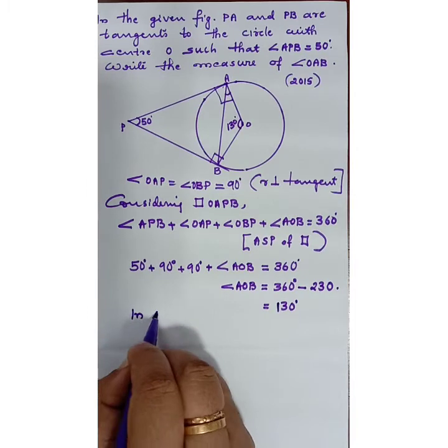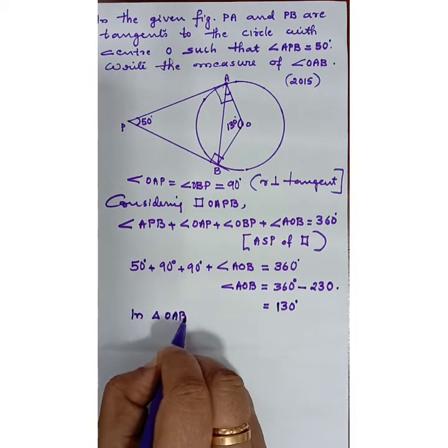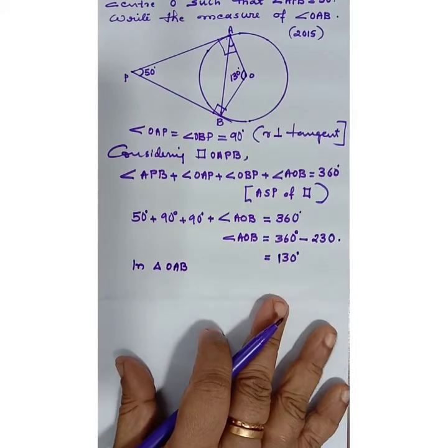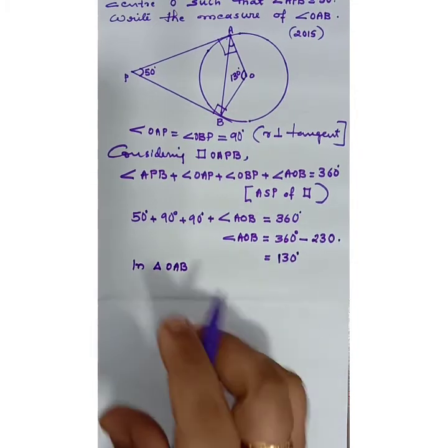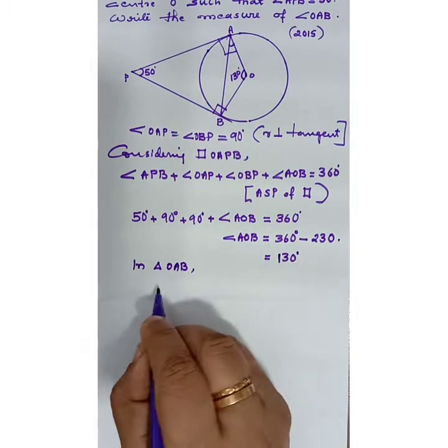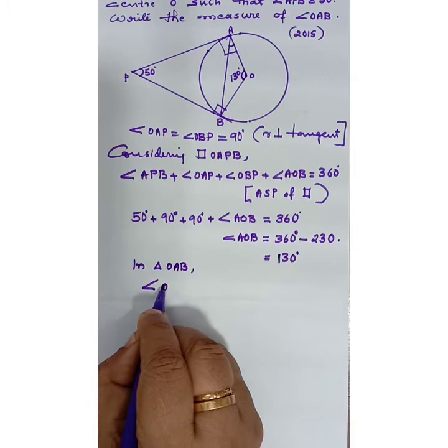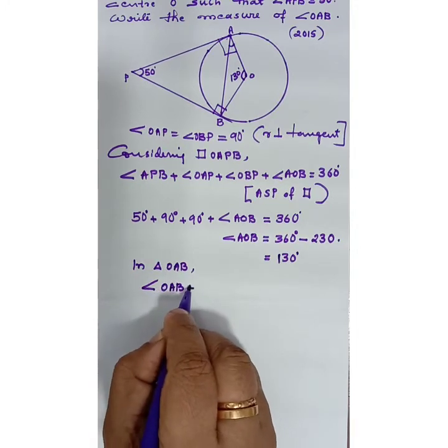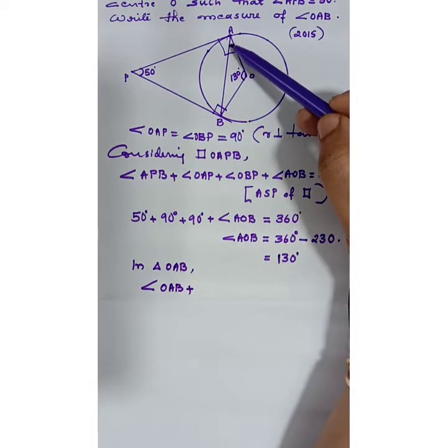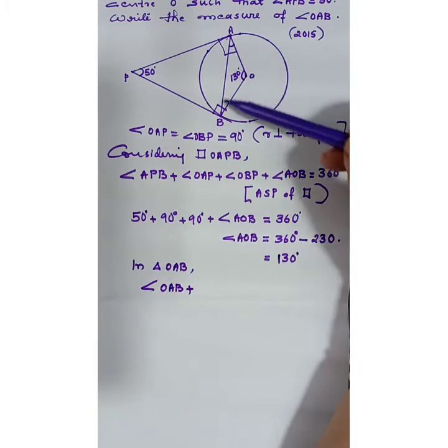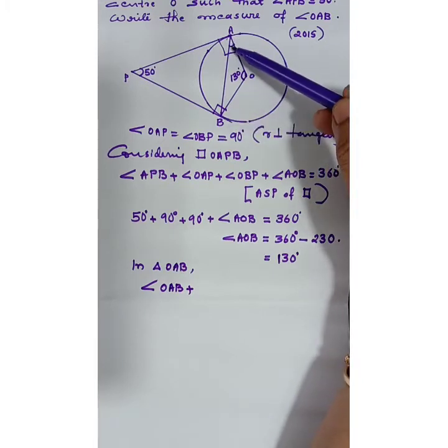In triangle OAB, we are going to use the angle sum property. That is angle OAB plus angle OBA plus angle AOB is equal to 180 degree. This small angle OAB we have to find out.